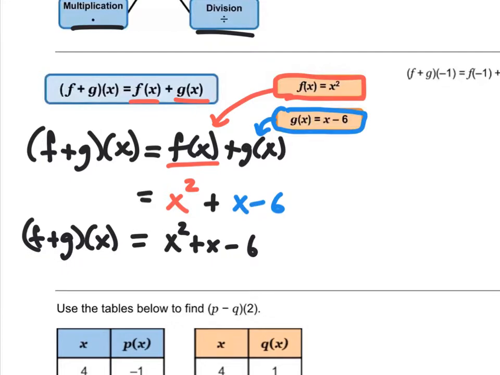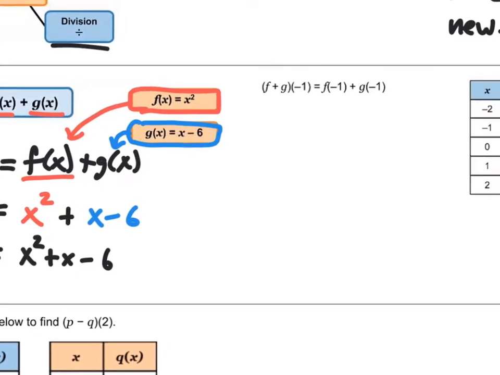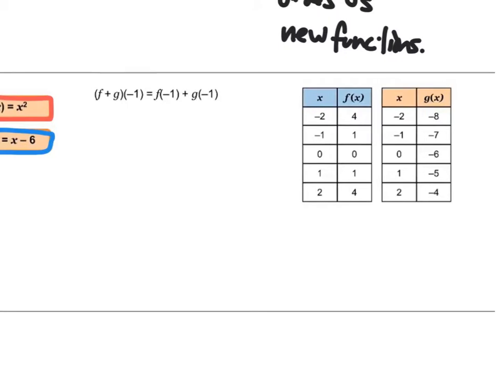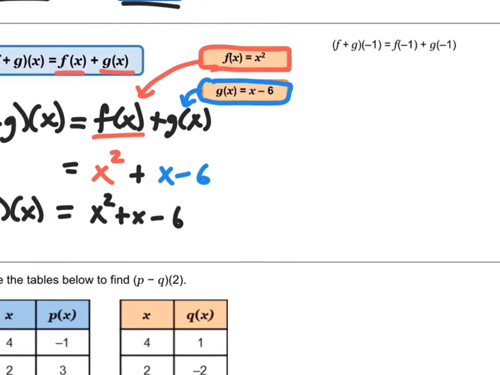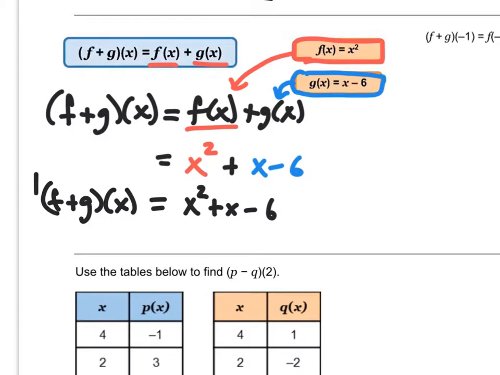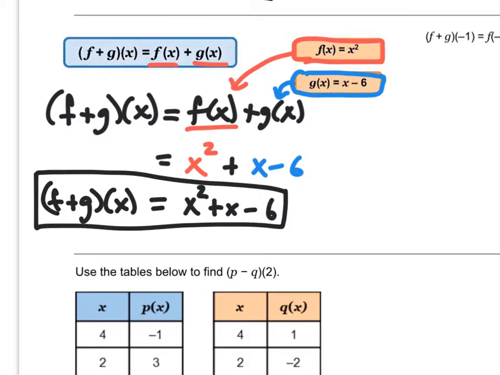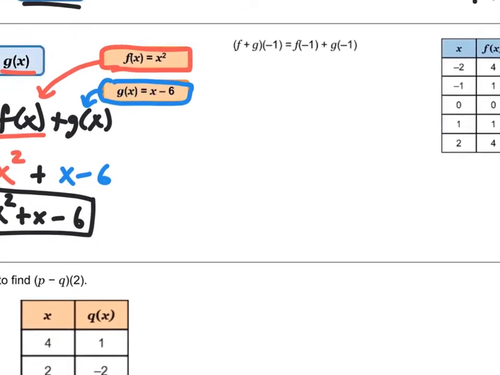Now, let's take a look at what this problem is asking us to do. It wants us to take that function, add f and g, and then plug in -1 for x. So now that I have this new function, f plus g of x, let me plug in -1 into that.